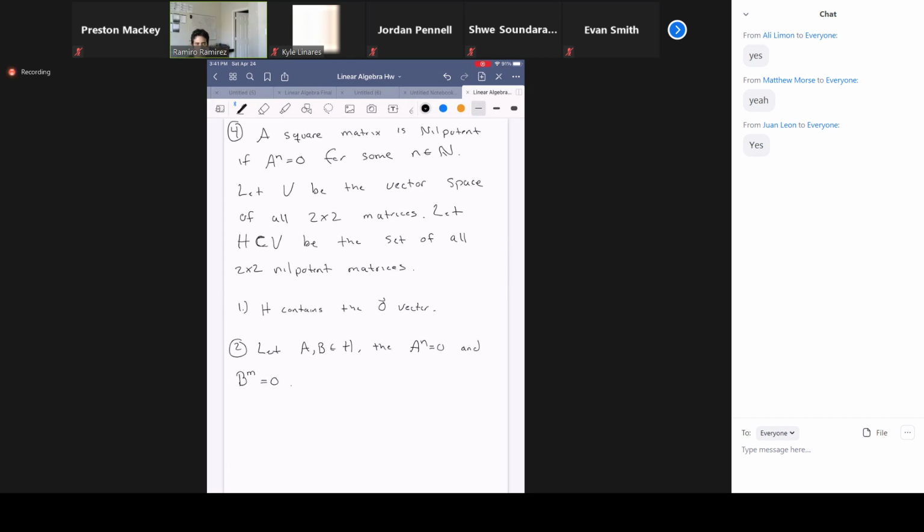So we have these conditions for both of them. So we just need to show that it's closed.